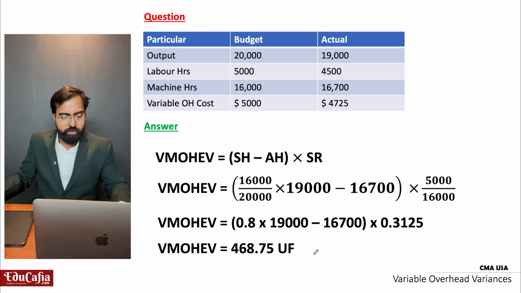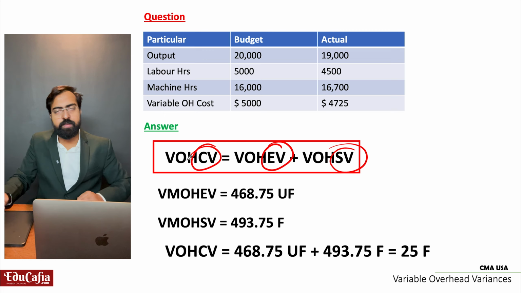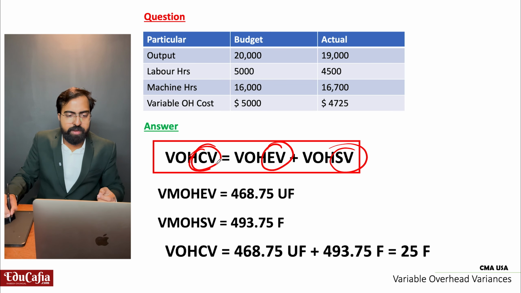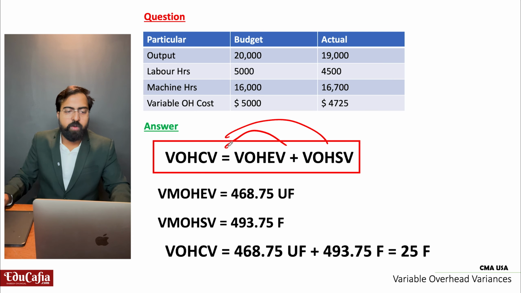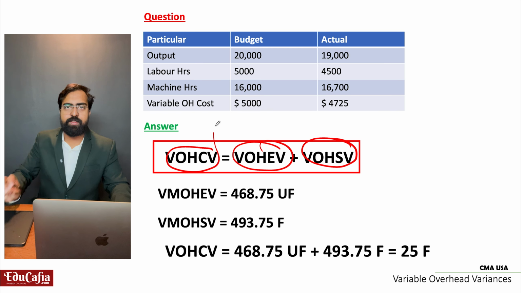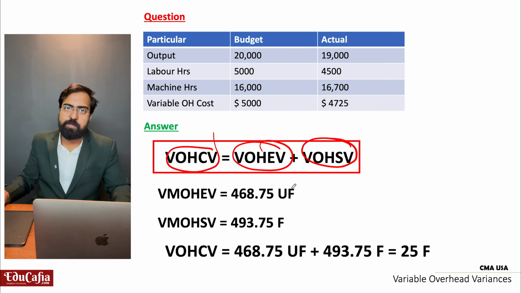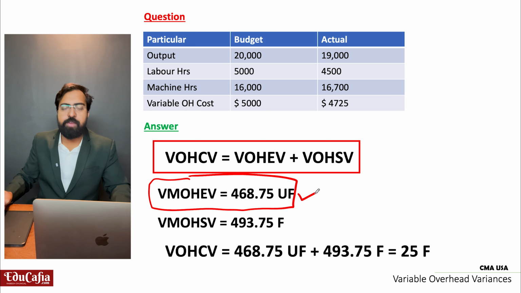We got it. So this is all about efficiency variances, spending variances and cost variances. And we know efficiency and spending are the subparts of cost variance. So if you add efficiency variance and spending variance, definitely you will get cost variance if your calculation is correct. What is the efficiency variance we have calculated? 468.75 unfavorable.